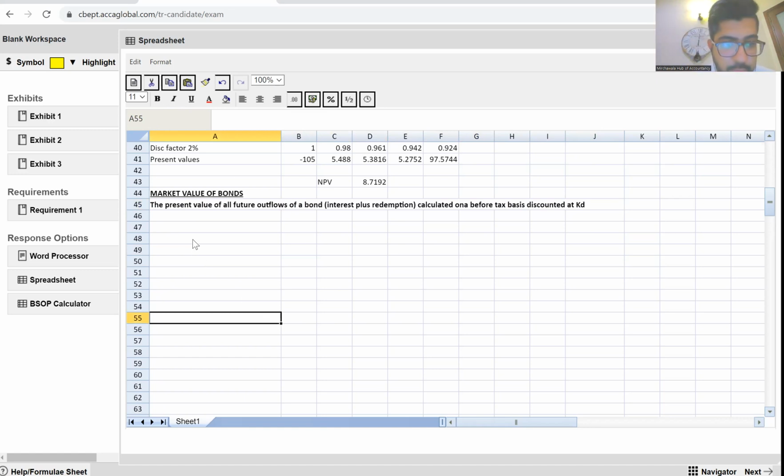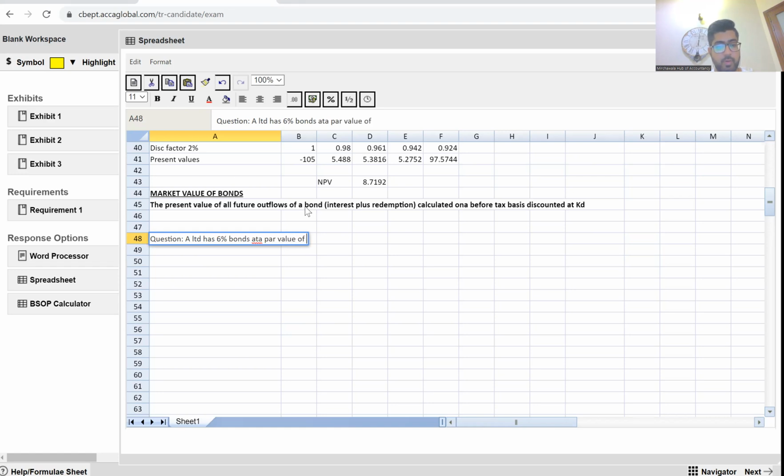Okay. Now you get a question like that. A Limited has 6% bonds at a par value of $100, which will be redeemed after 5 years at 5% above par.